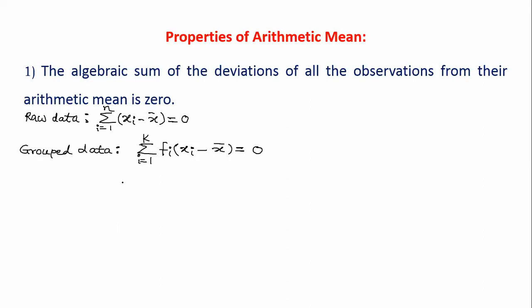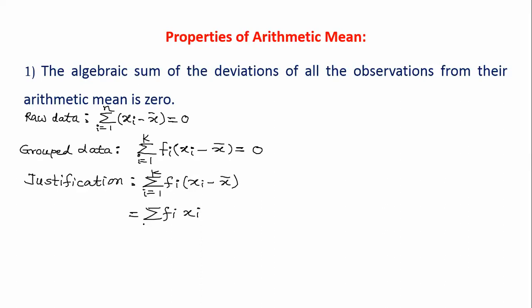So very briefly I am going to prove this here. Justification. If I do it for grouped data, that is more than enough. Summation i from 1 to k of fi times (xi minus x bar) is equal to summation fi times xi, i from 1 to k, minus, I am just separating the minus, be very much serious, summation i from 1 to k of fi into x bar.